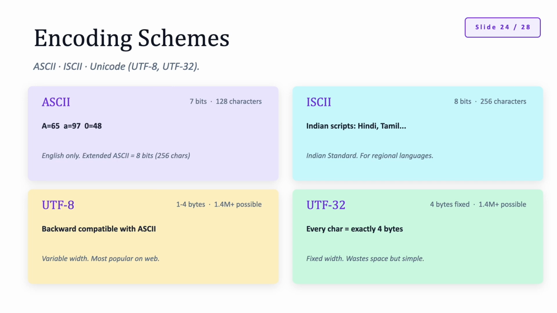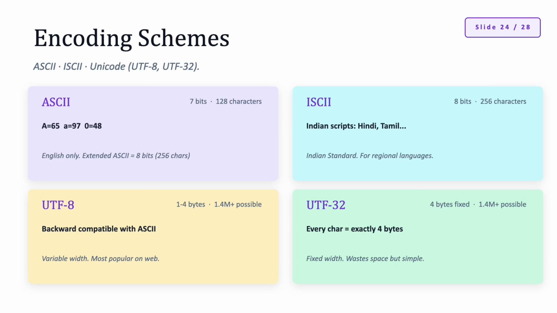Extended ASCII uses 8 bits for 256 characters. ISCII, Indian Script Code for Information Interchange, was designed for Indian languages like Hindi, Tamil, Telugu. It uses 8 bits. Unicode is the modern standard. It covers every language on earth.